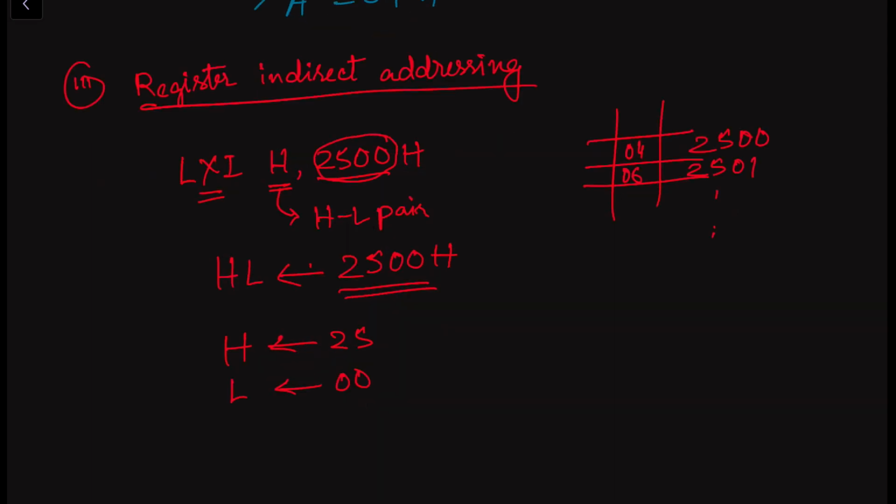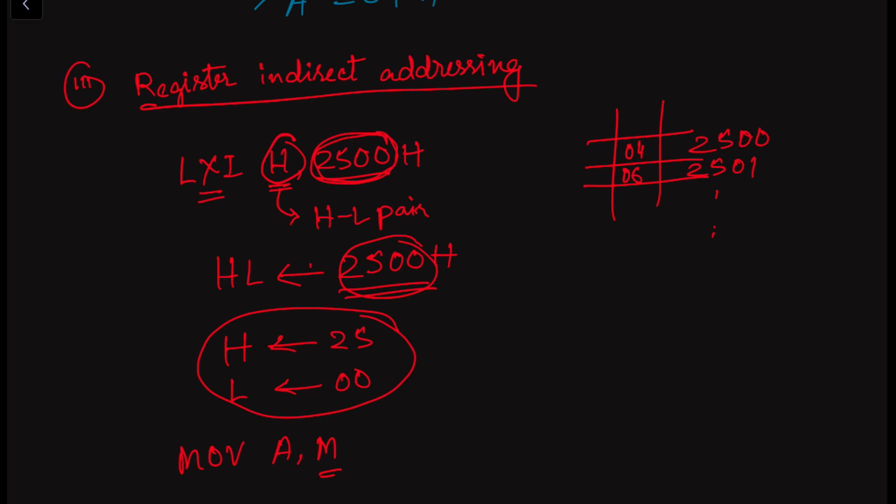Now if we have another instruction, that is MOV A, M, this M means the memory address, and for execution the memory address must be held in the HL pair before execution. So we have already loaded the address of the data in the HL pair, 2500.